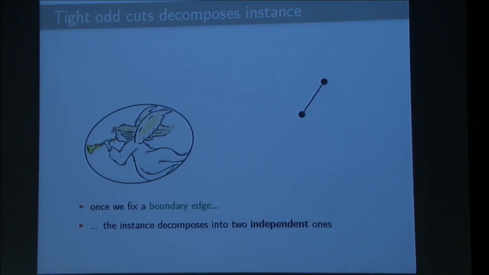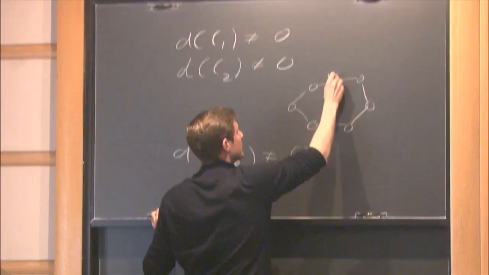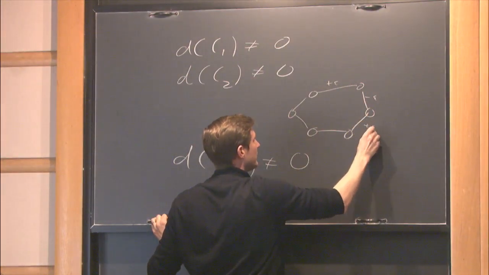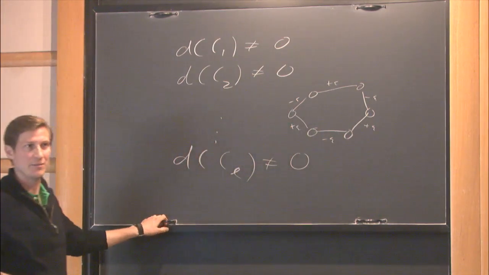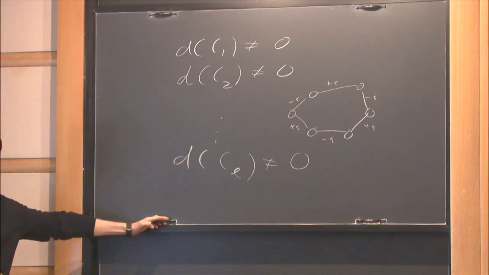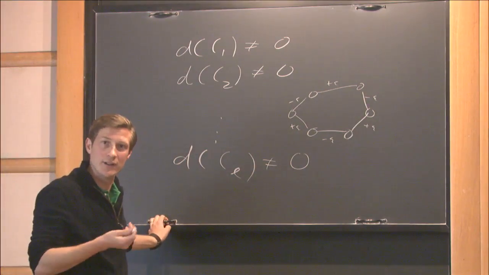Now, how did we do it in the bipartite case? We got the contradiction by taking plus epsilon, minus epsilon, plus epsilon, minus epsilon on some cycle with non-zero discrepancy. This maintained feasibility because we only had degree constraints and not the odd set constraints.